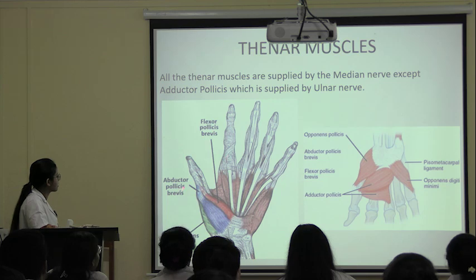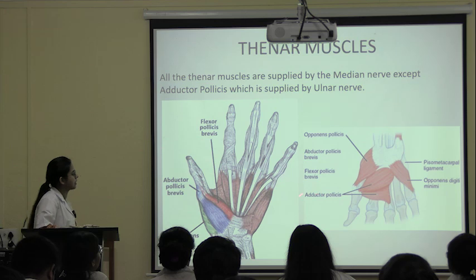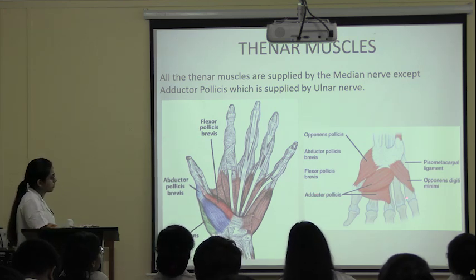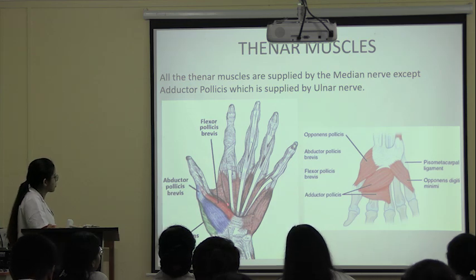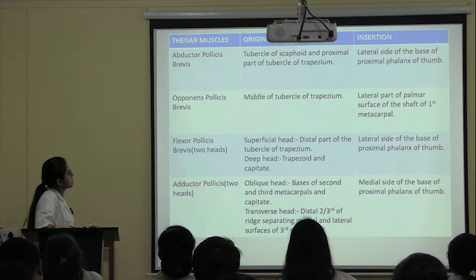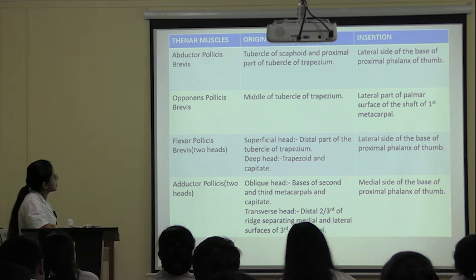Flexor pollicis brevis, abductor pollicis brevis, opponens pollicis, and adductor pollicis. See, adductor pollicis has two heads. Flexor pollicis brevis also has two heads, though it's not shown here. So these are the origin and insertion.